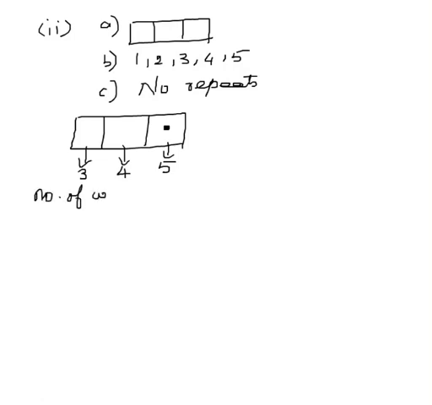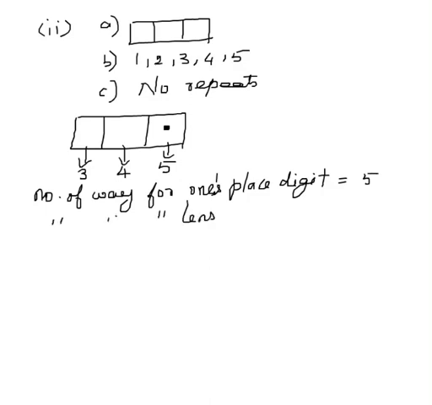So number of ways for ones place digit is equal to 5. Number of ways for tens place digit is equal to 4 because repetition is not allowed.